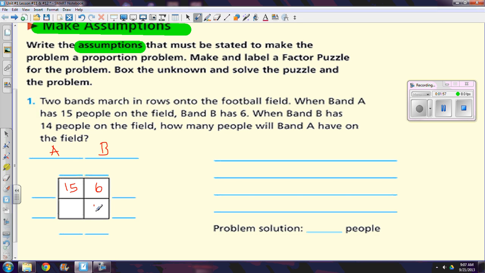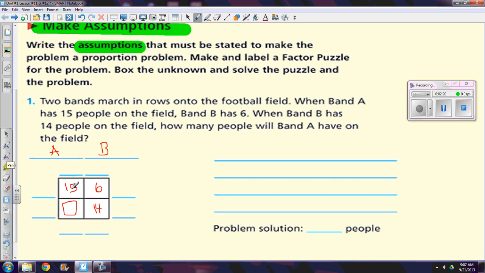So when band B has 14, how many will band A have? So now you have your factor puzzle. If you haven't done that yet, copy that into your notebook for number 1. And we need to solve for the box there.